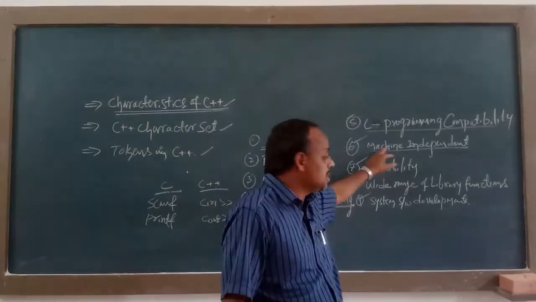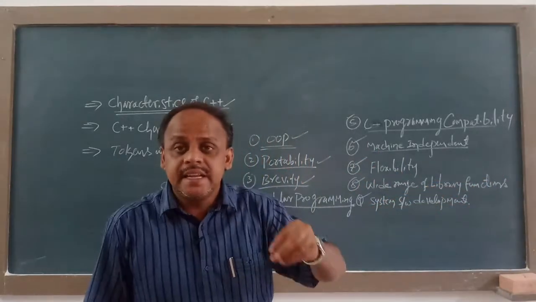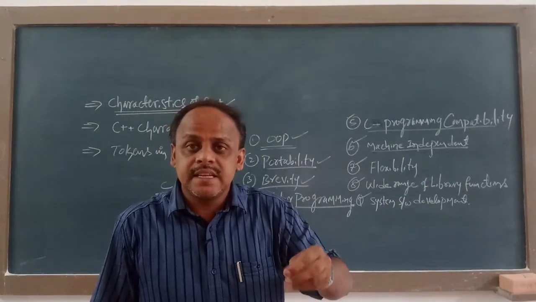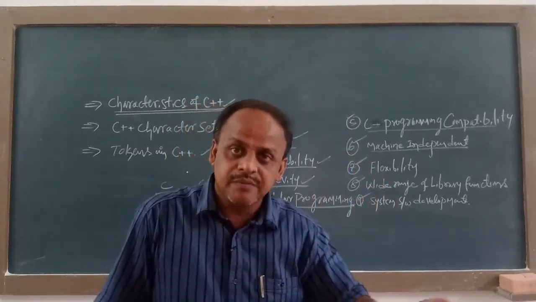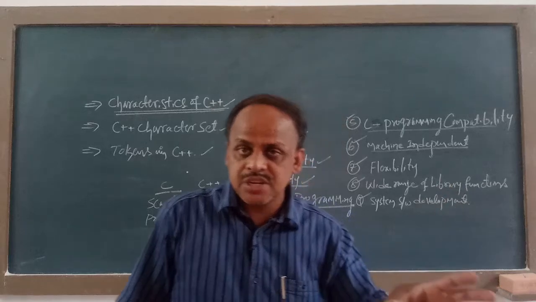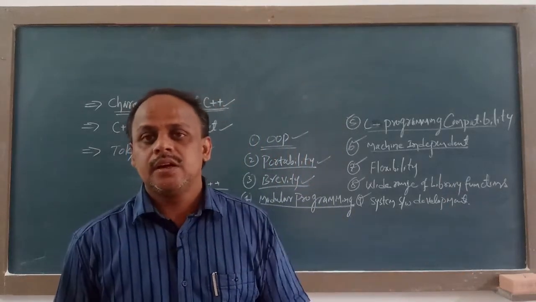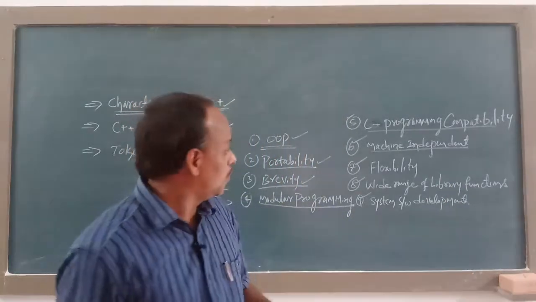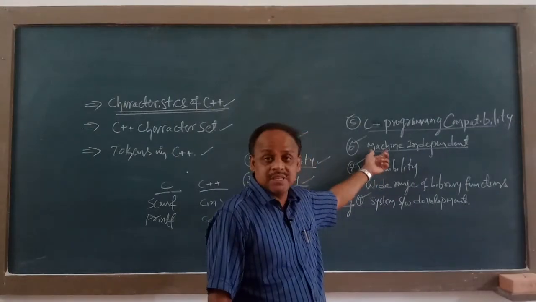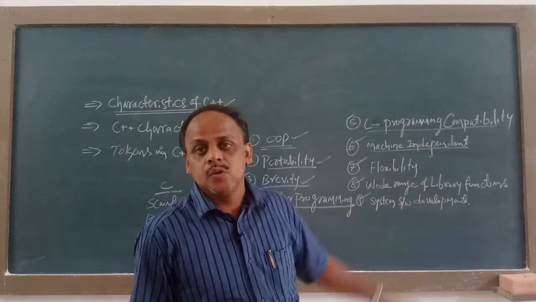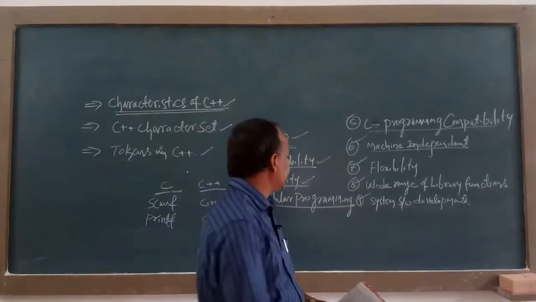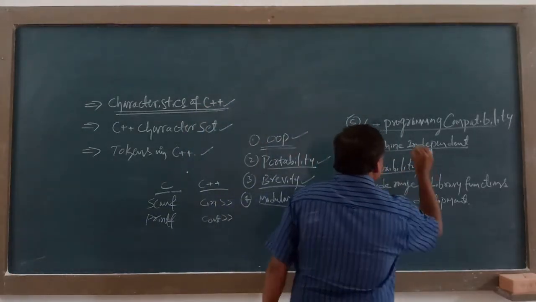Therefore, it is not necessary that this hardware configuration is needed to execute a C++ program; there are no restrictions like that. So C++ is machine independent. It is also one of the characteristics. And the next one is flexibility.